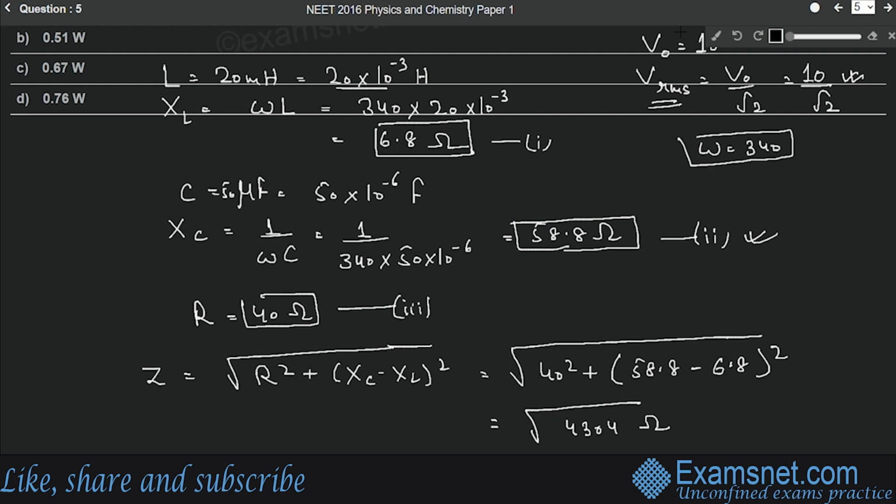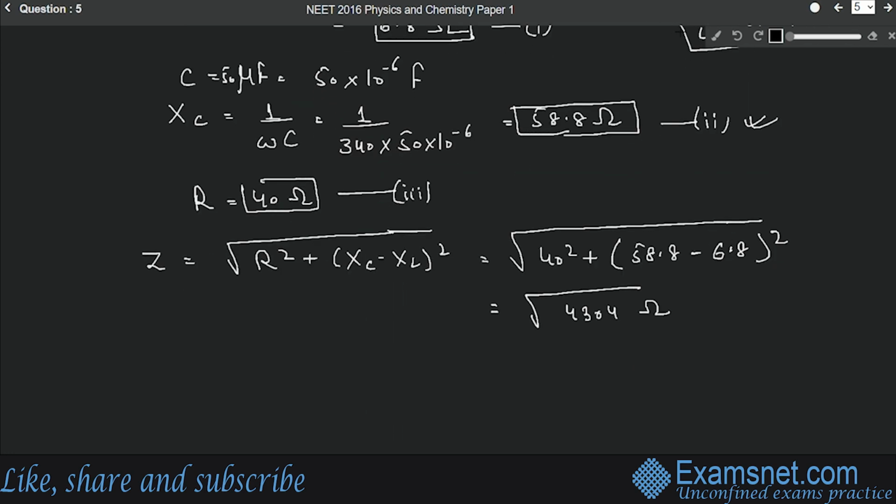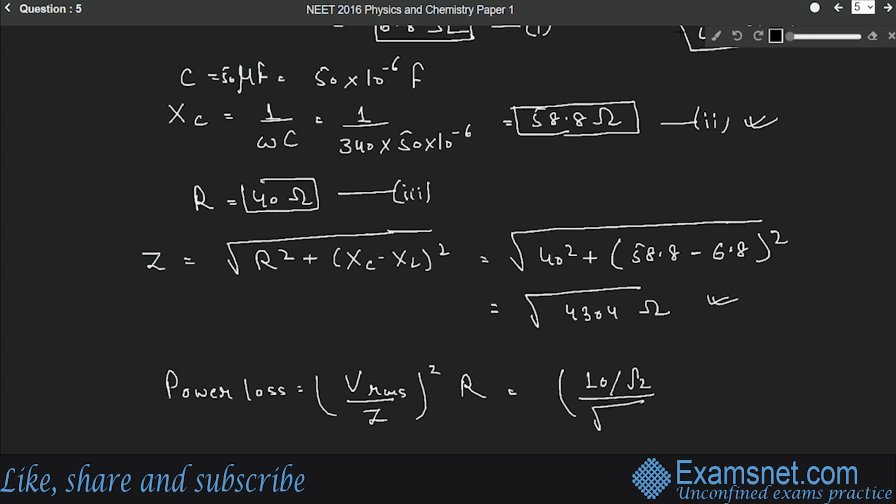Now we have to find out the value of power loss. We had seen that the power loss is equal to Vrms upon Z whole square into R. So let's put the values. Vrms was equal to 10 by root 2, upon Z, which is under root 4304.